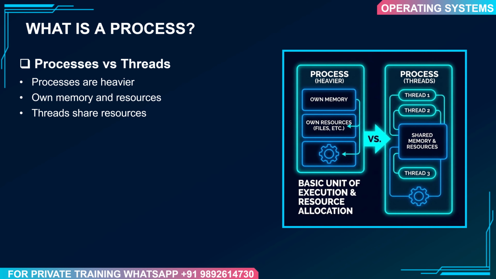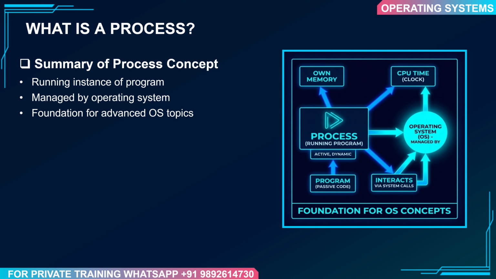It is also important to understand that processes are heavier than threads, which we will study in the next module. A process has its own memory and resources, while threads share resources within a process. For now, just keep in mind that processes are the basic unit of execution and resource allocation in an operating system. In summary, a process is a running instance of a program. It is active, dynamic, and managed by the operating system.